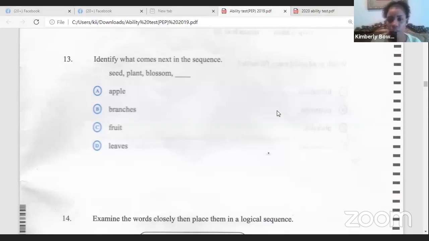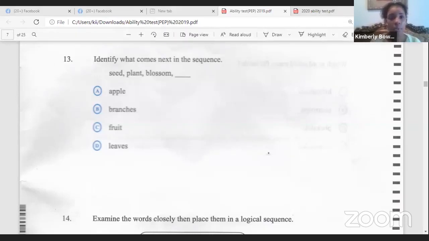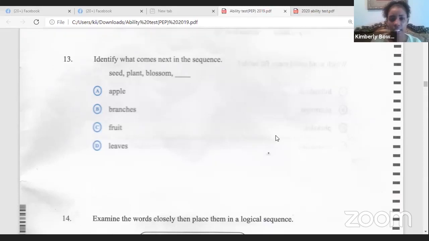So we'll have a shorter time to prepare for the performance task examination. I'm going to be starting the performance task preparation earlier, even before the actual ability test examination.